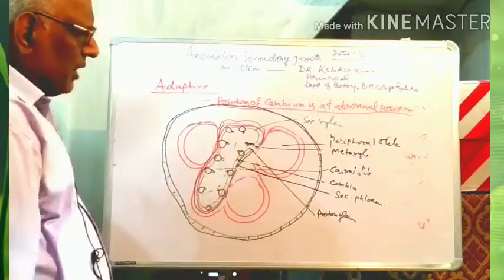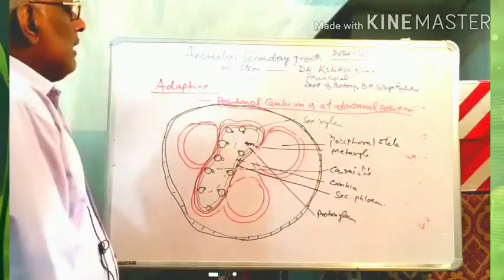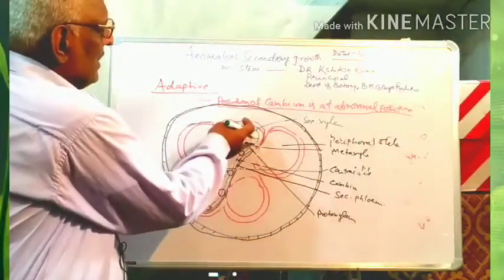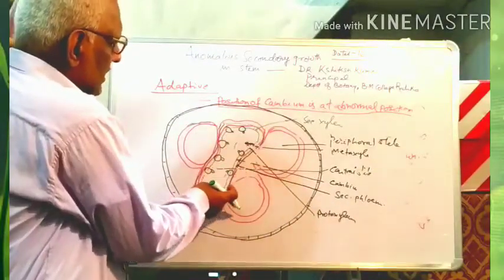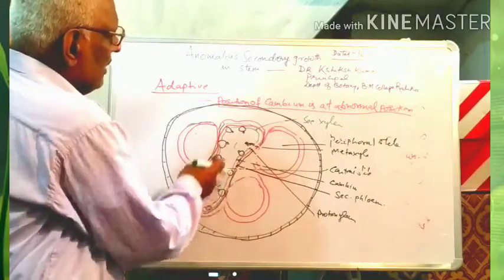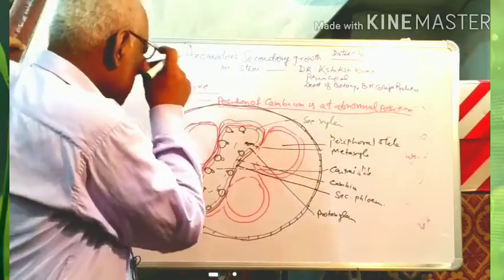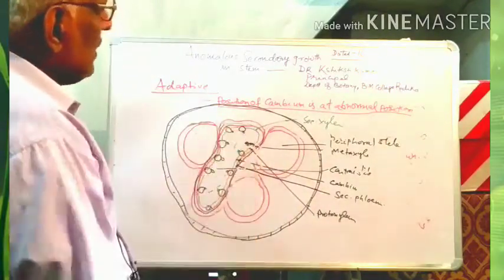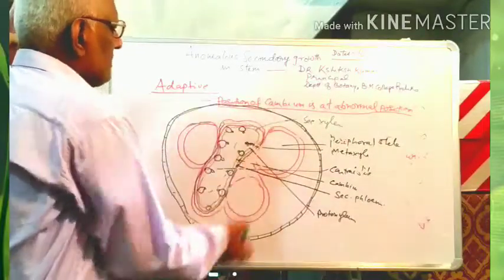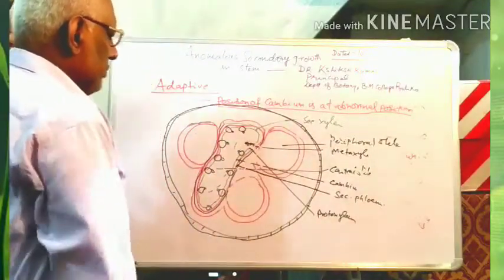So this is the abnormal condition because primarily the strip of cambium encircles the xylem strand and later on this strip is broken into several parts, and each cambium strip forms its own secondary xylem and secondary phloem.